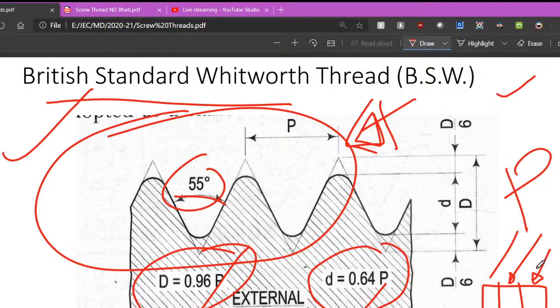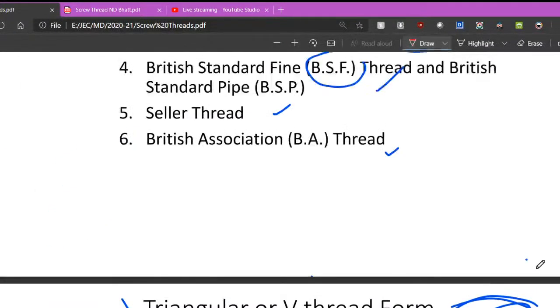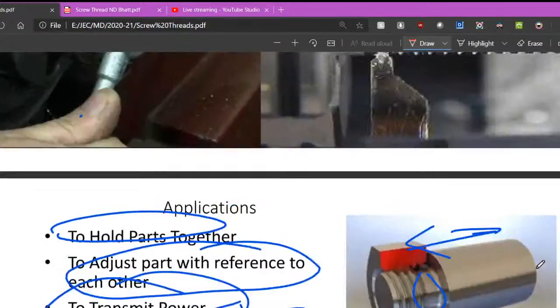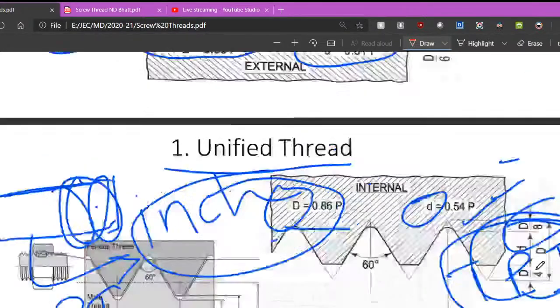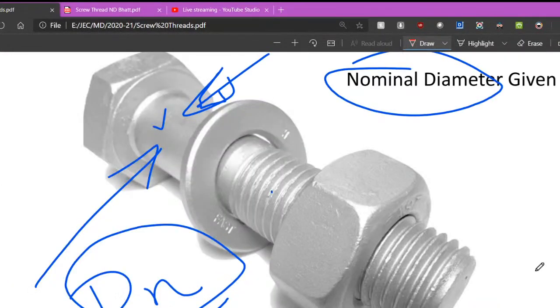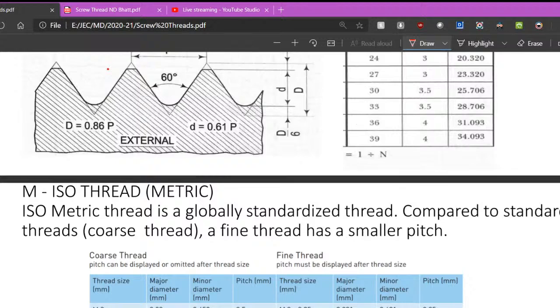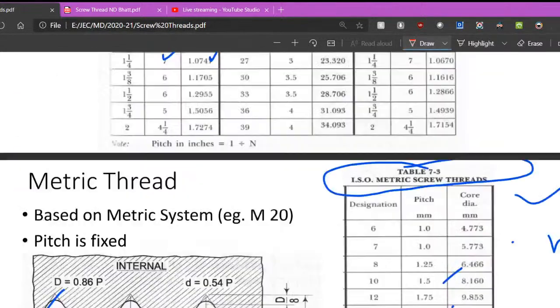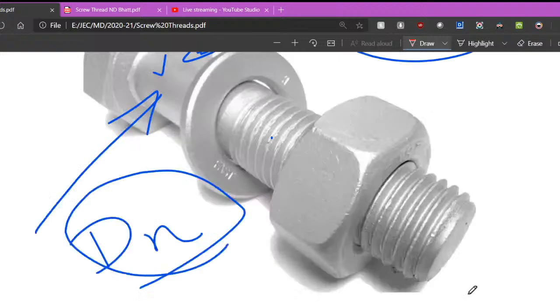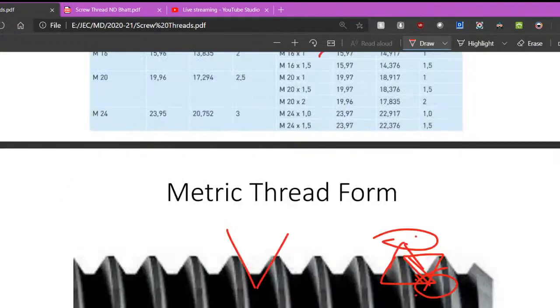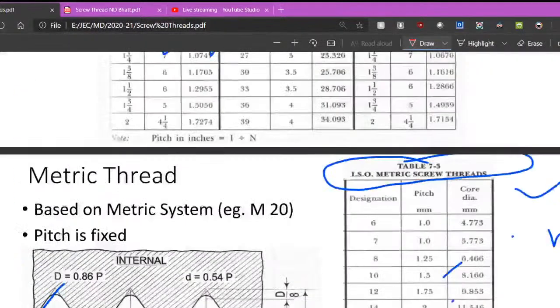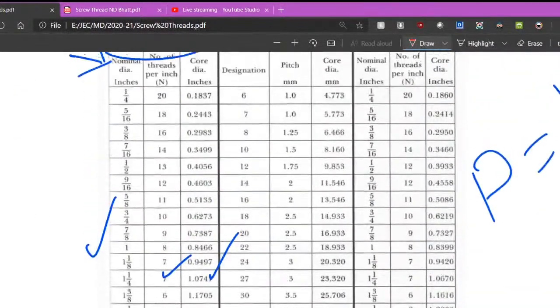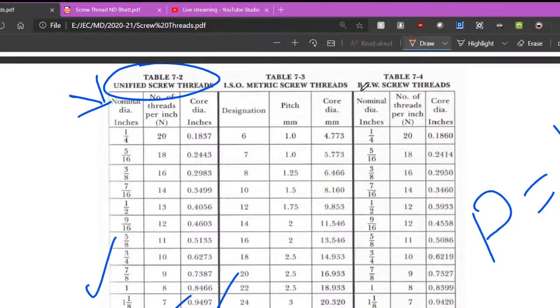So from that table, let me move quickly. See this British standard with what thread.